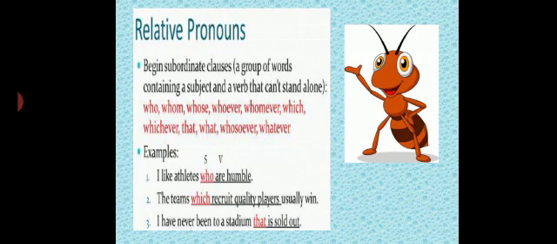Let's see some examples here. Let's read the first sentence. I like athletes who are humble. As we read before, a group of words containing a subject and a verb. Here your subject will be who. Who here refers to athletes.